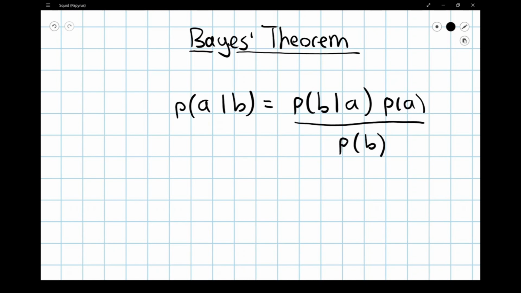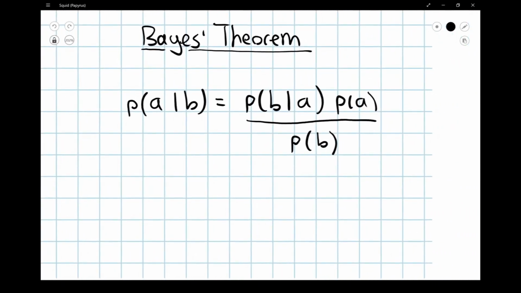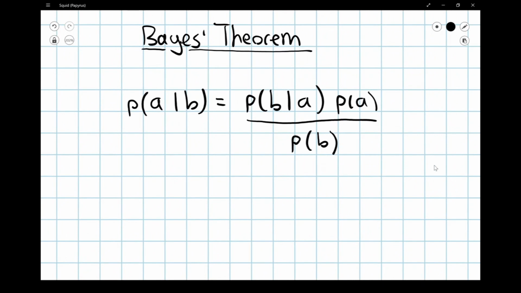And when might we use it? Well, we have a problem where we're interested in working out the probability of A given B, and we'll show an example in a second. And let's say that this is quite difficult to process directly.